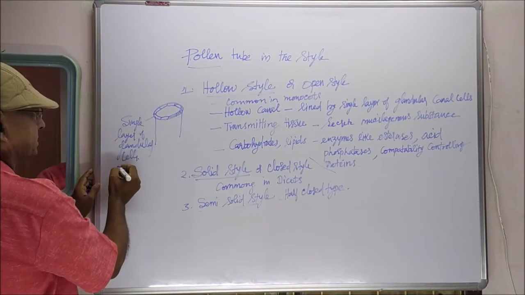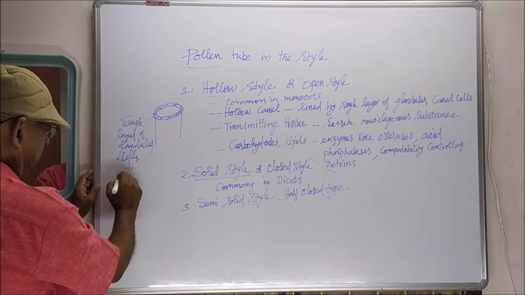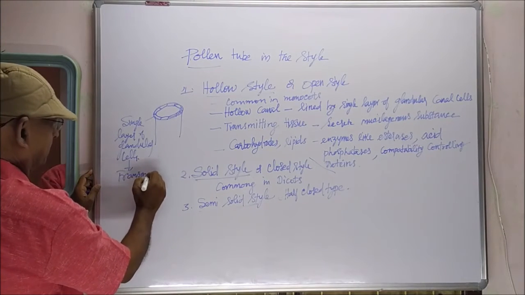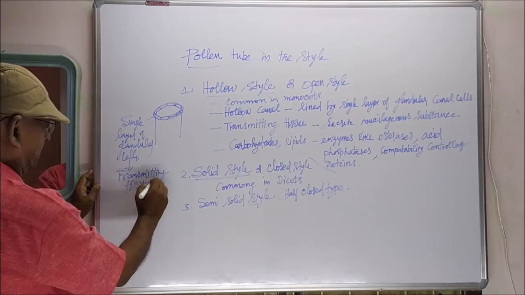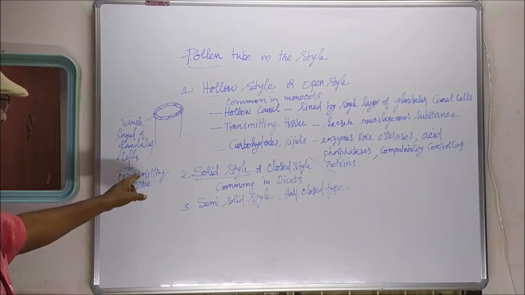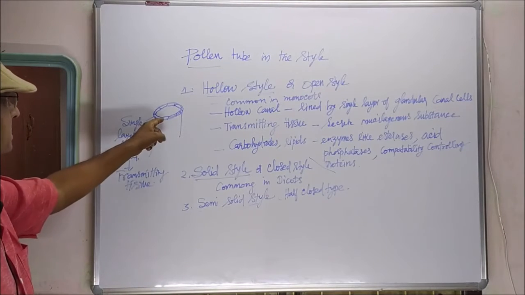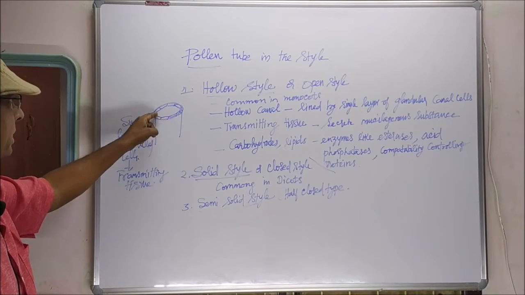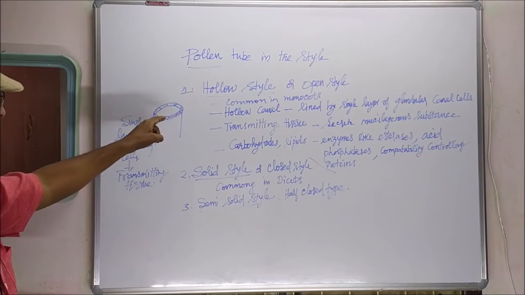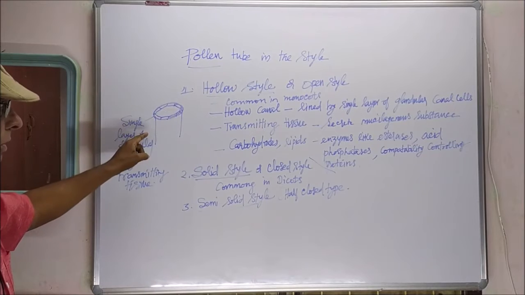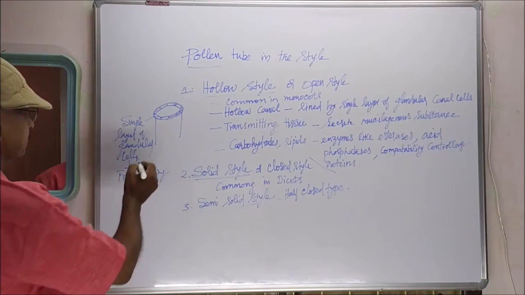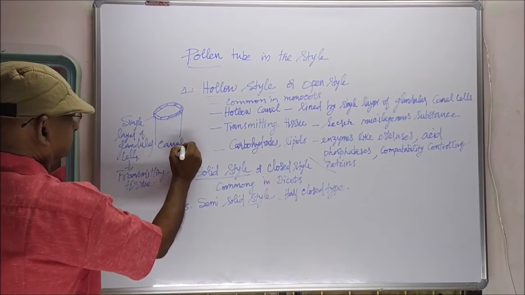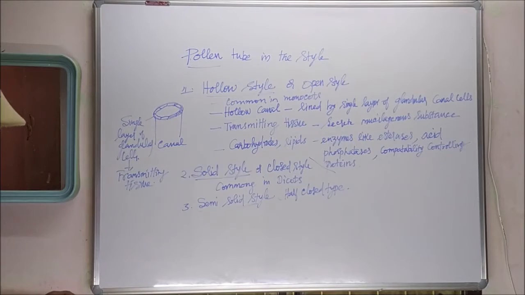And this is considered as a transmitting tissue. The transmitting tissue is a single layered one that sticks on the wall of the style. It is glandular, consists of glandular canal cells. And this is a special type of tissue, transmitting tissue.